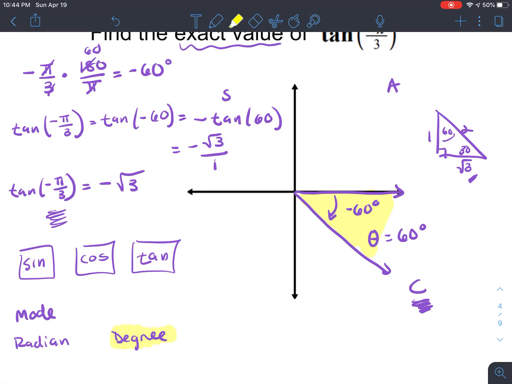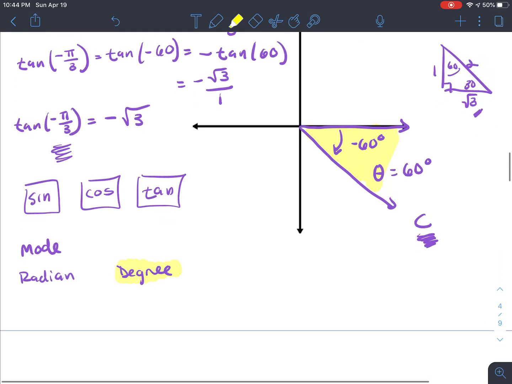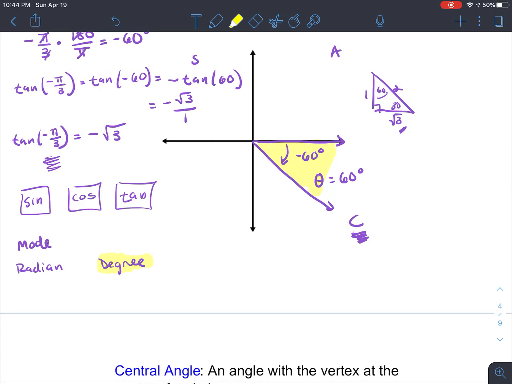The calculator will give you 2 different values for radian measure and degree measure if you type in the same exact thing. For example, let's say we wanted to check our work here. We want to find out what tangent of negative pi over 3 is.